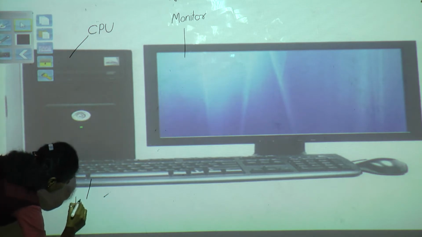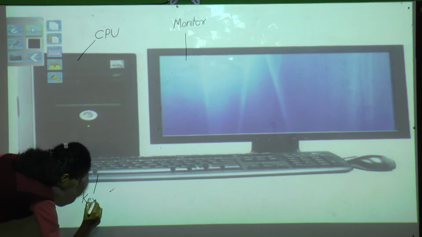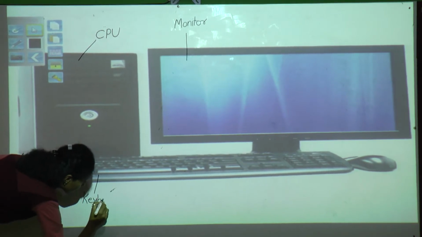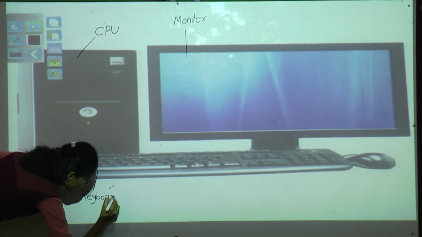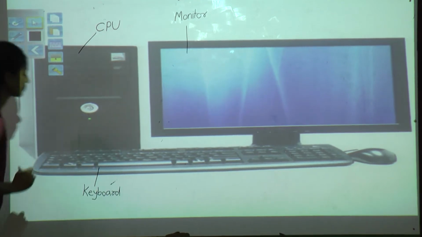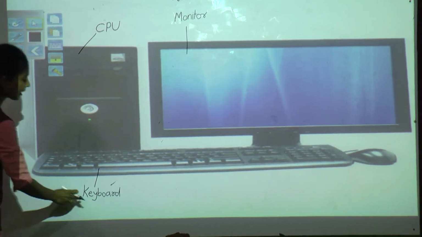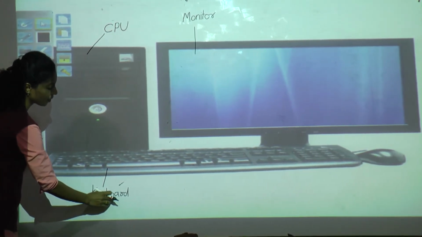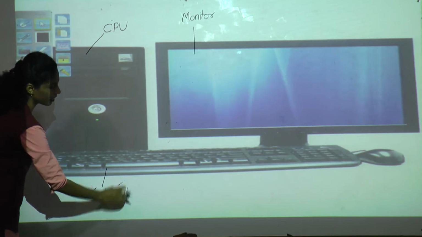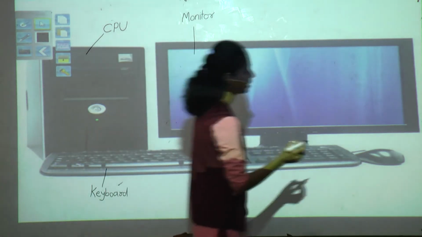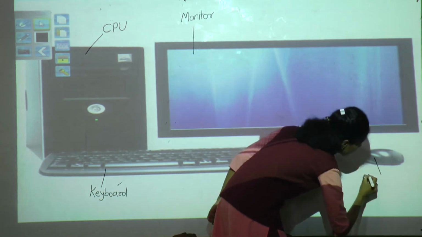Keyboard. K-E-Y-B-O-A-R-D. Keyboard. What is the spelling of keyboard? And what is this? This is mouse.